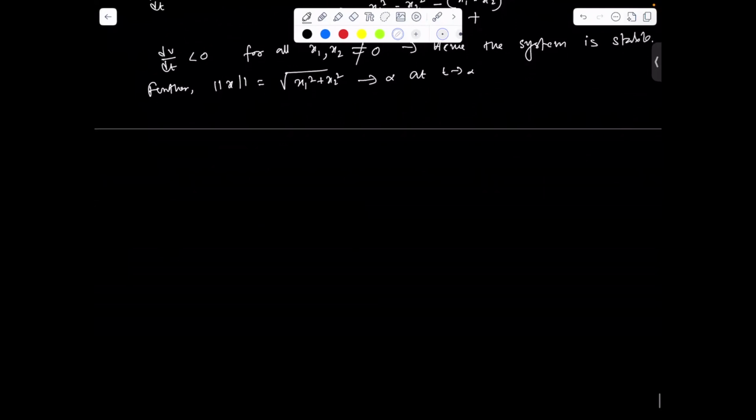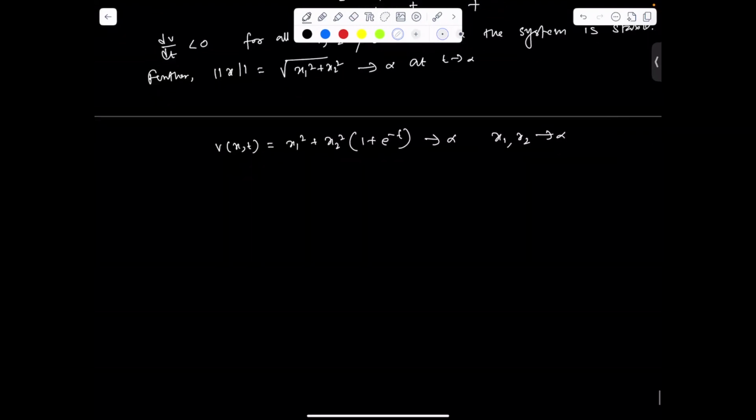Which implies that V(x,t) equal to (x1 square plus x2 square)(1 plus e to the minus t) goes to infinity as x1, x2 go to infinity. So therefore, all sufficient conditions of this function are validated.